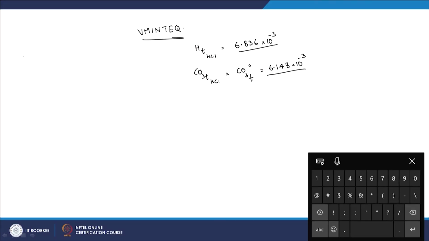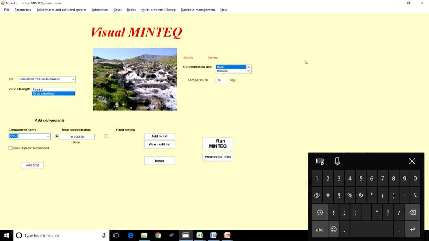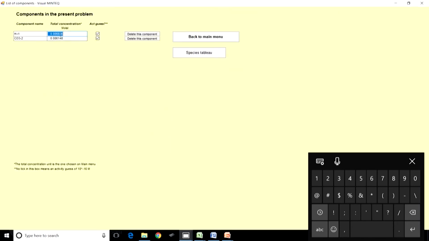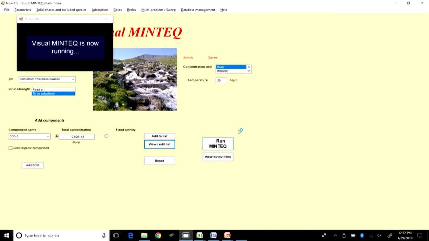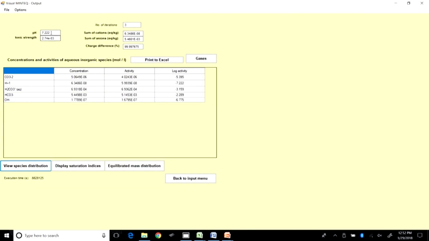Now I need to check it is 6.148 into 10 power minus 3, so I am going to add that to the list. So, view edit list: 6.836 into 10 power minus 3 and 6.148 into 10 power minus 3, and back to the main menu, right. And now I am going to run min tech.